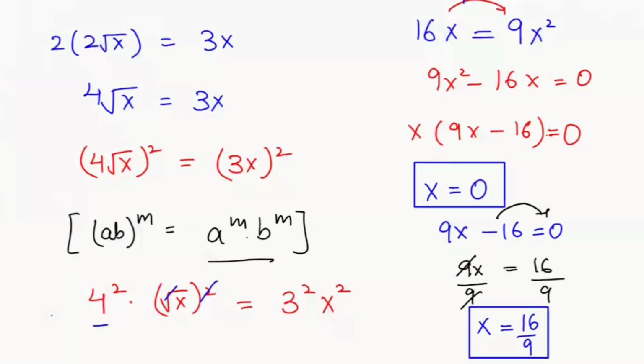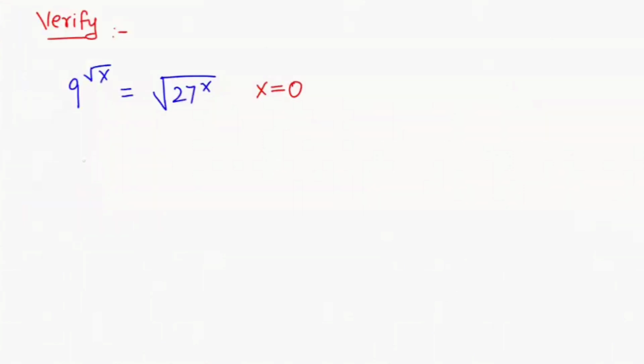Now I am going to verify my answer. The equation we have is 9 to the power of root of x is equal to root of 27 to the power of x. Now here first I am going to take the x value, that is 0. 9 to the power of root of 0 is equal to root of 27 to the power of 0.